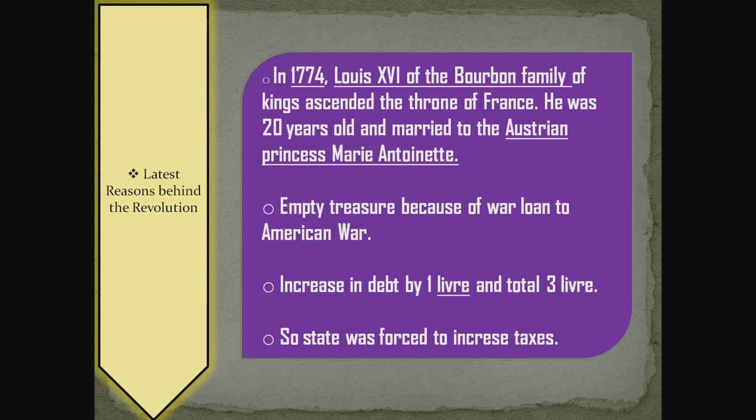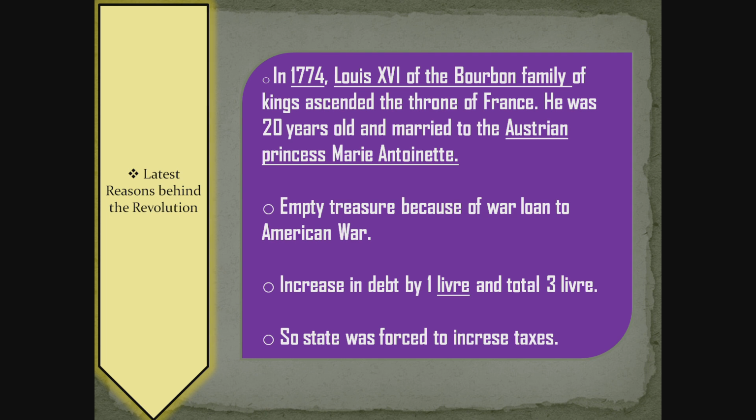As you know, the enemy of the enemy is a friend. According to this law, as there was conflict between the British and the French, and war was going on between the Americans and the British, the French helped the Americans. So when Louis XVI came to power, he found that his treasury was empty. That was the first reason.